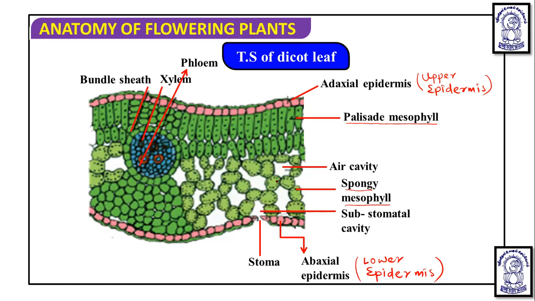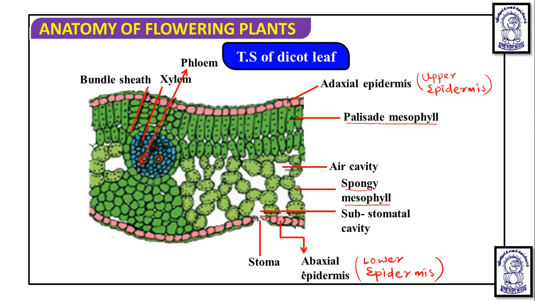The palisade mesophyll are compactly arranged, so intercellular spaces are absent in them. But in the spongy mesophyll you will see the presence of air cavities or intercellular spaces due to their shape.